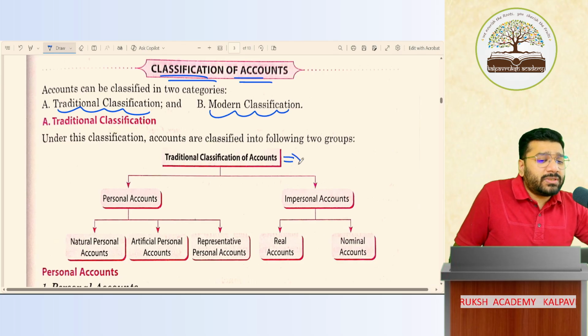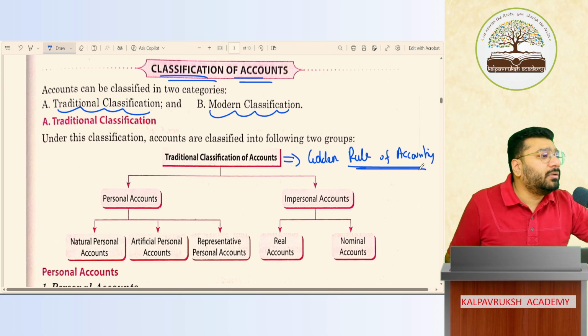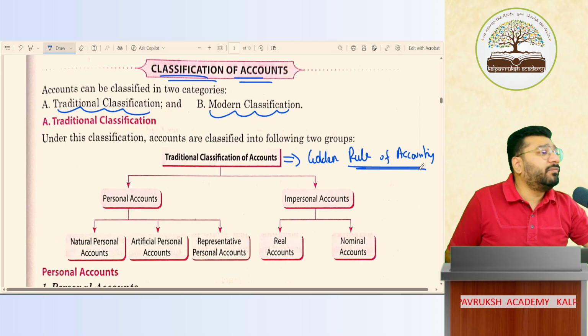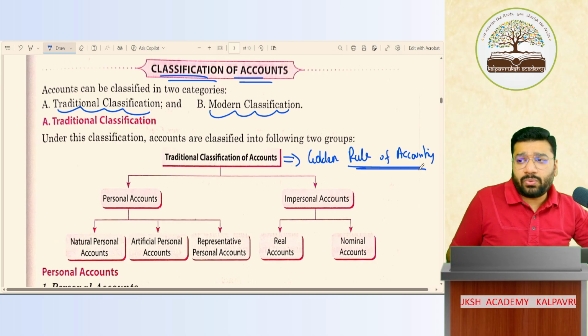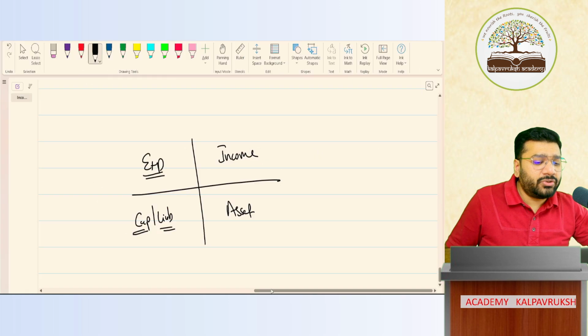Traditional classification of accounts is called the golden rule of accounting. This is the oldest rule, which we begin with, and this is what we are going to focus on today.